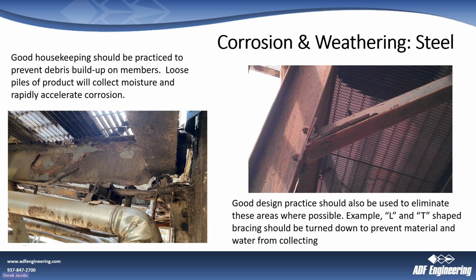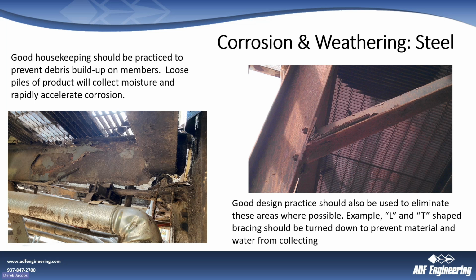Something I like to always think about doing when I have a diagonal bracing member. Sometimes you'll see these members like this, like an angle or an L shape or a T shape. Generally, it's a good idea to keep what we call the stem, which is this part here, turned down, or if it's an angle, to have the leg turned down so that there's not this shelf at the top.